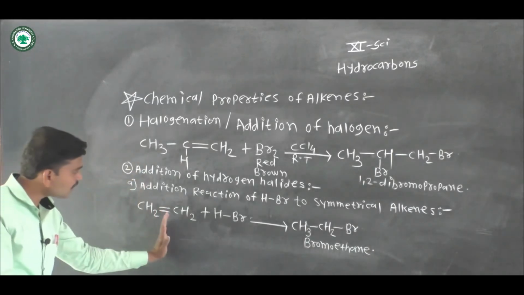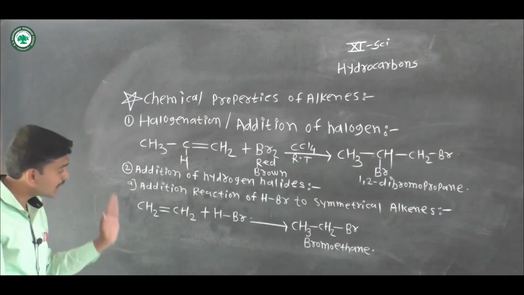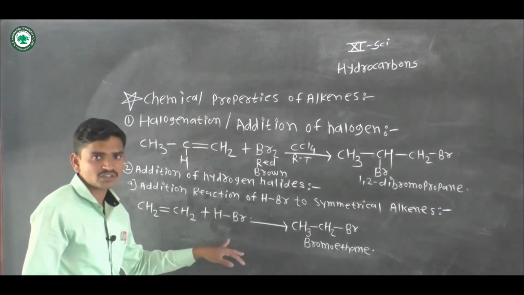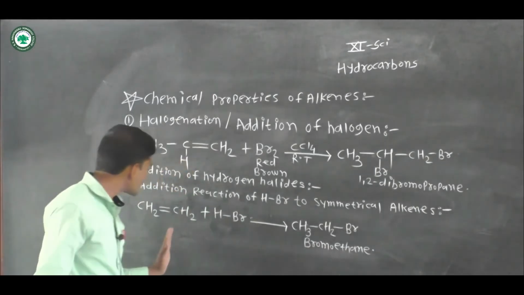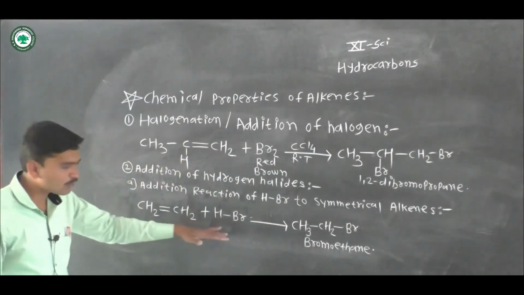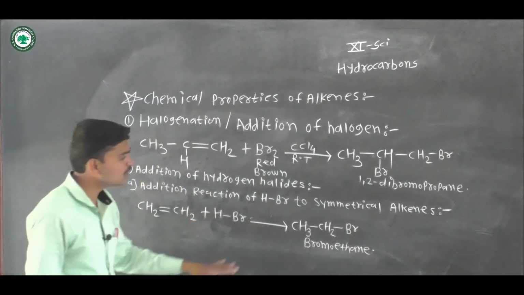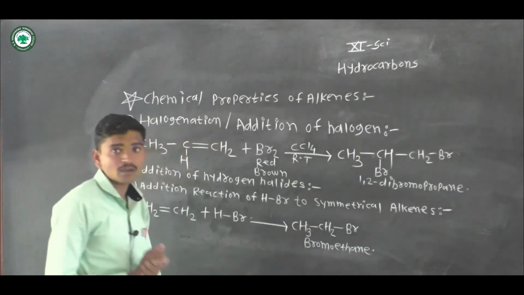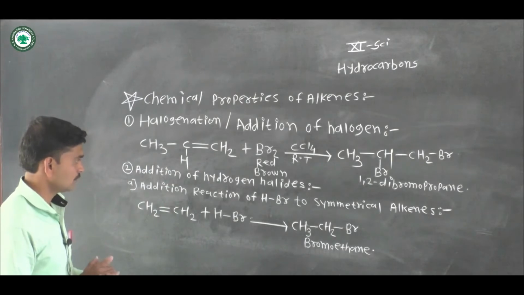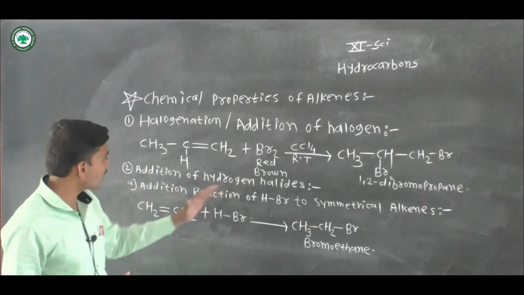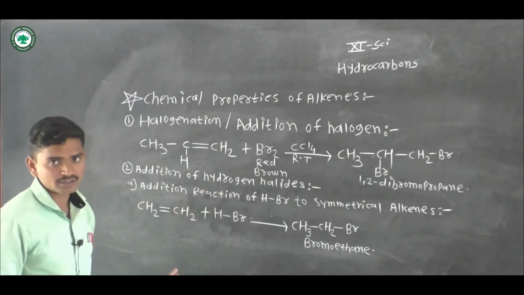In this reaction, ethene reacts with hydrogen bromide. It gives bromoethane as the only single product. This is the addition reaction of HBr to symmetrical alkenes.